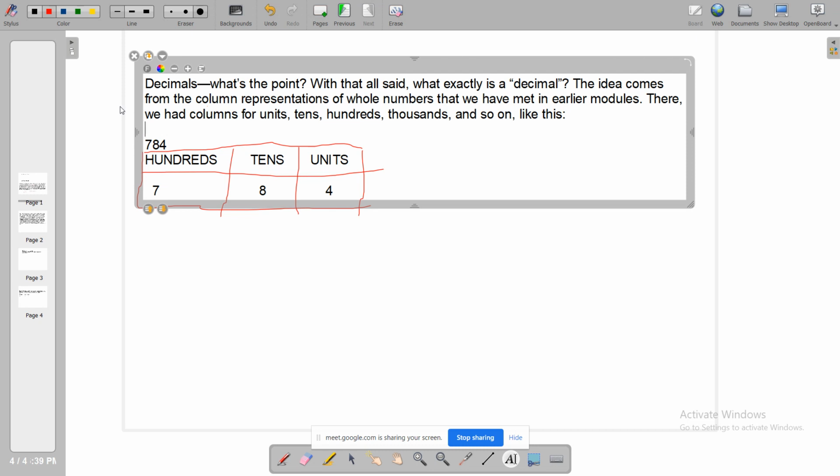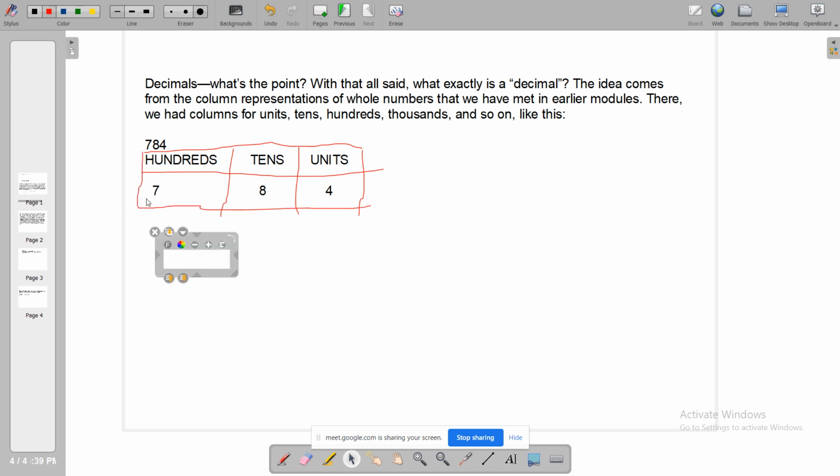Hundreds. So 7 times 100 will give us what? 700. Who can tell me the position? From what I explained to you. 7 of 100, so 7 times 100 gives us 700.